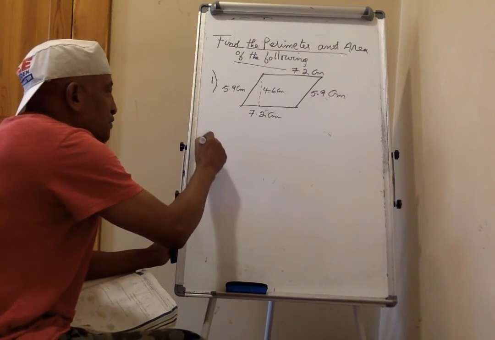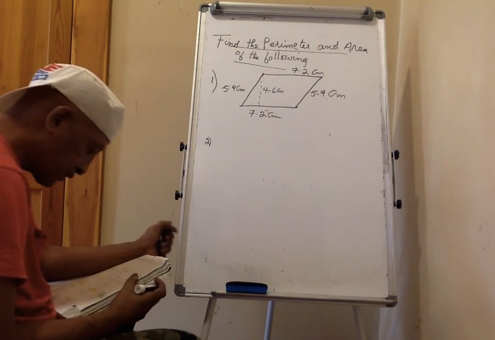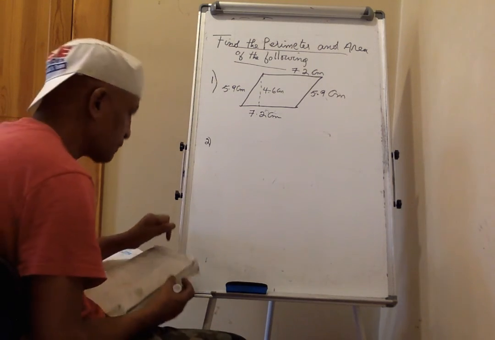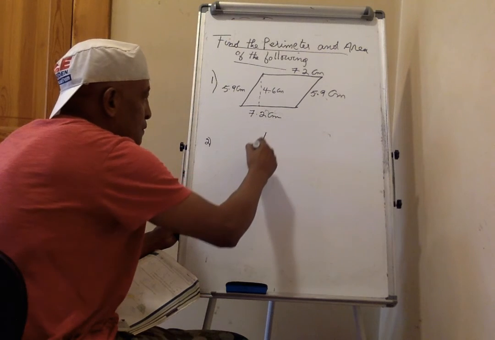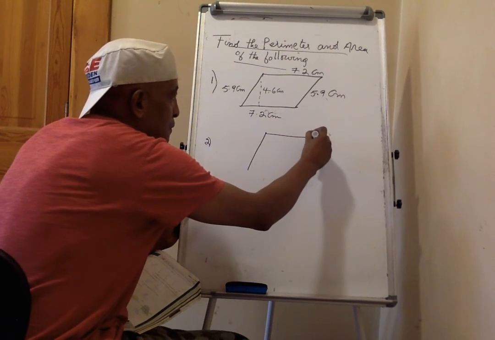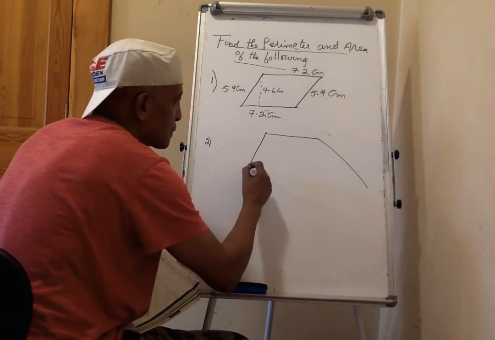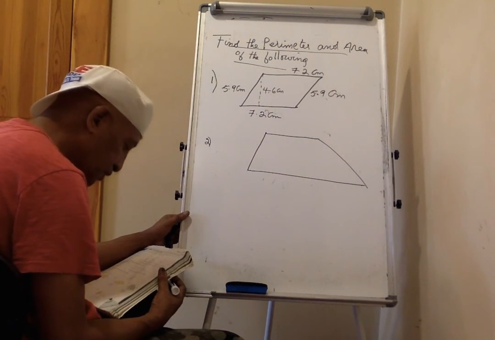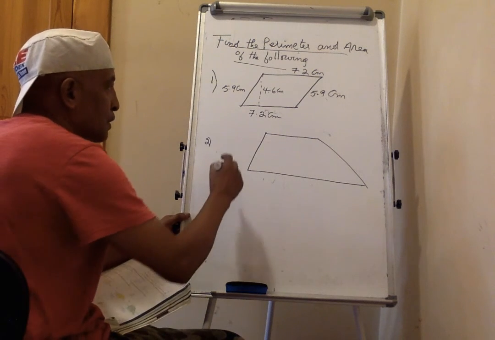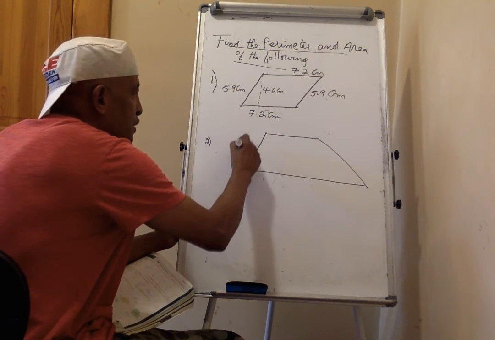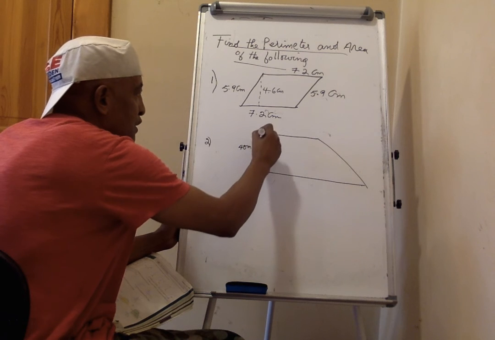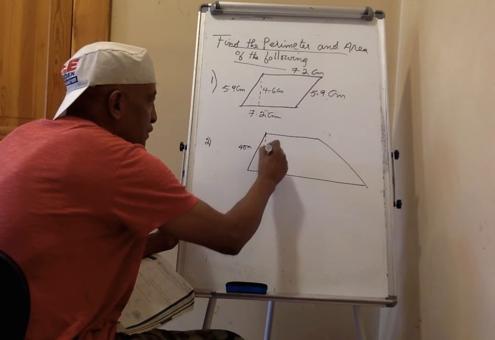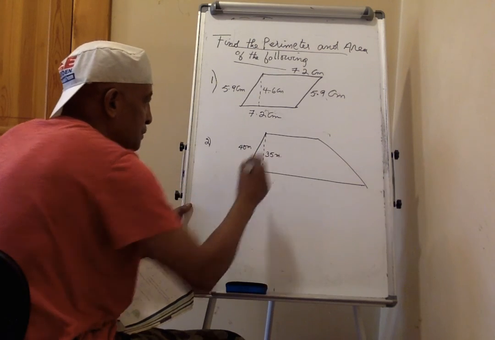And then for the trapezoid, I have something for you. Okay, this is the drawing of a trapezoid. We have 40 meters, and then I'm gonna put this one. This would be 35 meters.